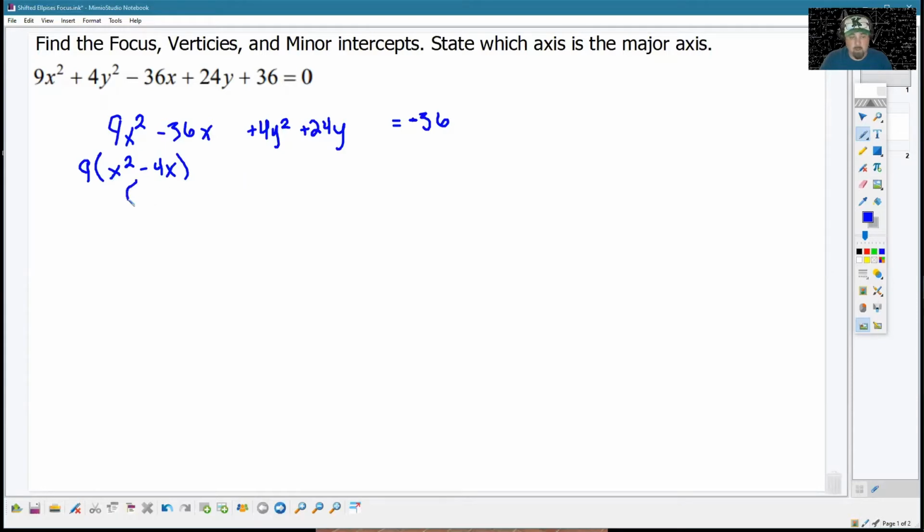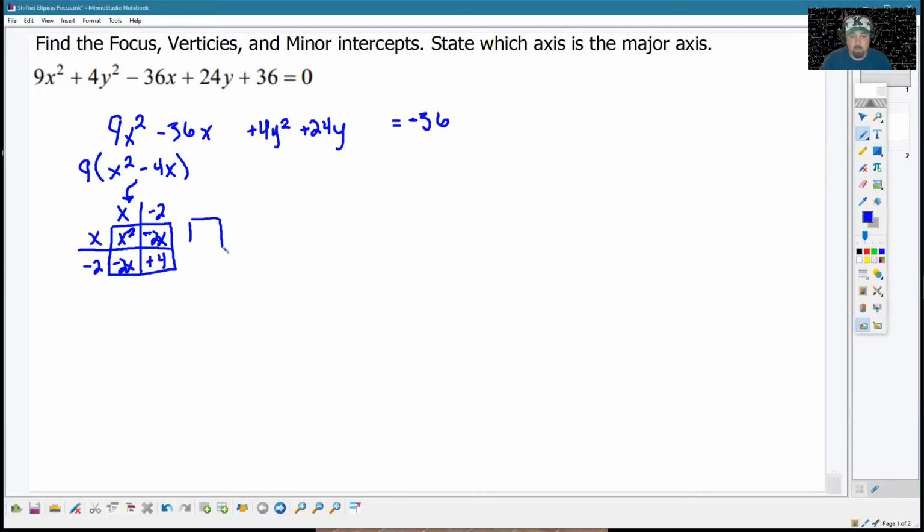So let's actually go through and do that. This is going to be box with the extra box. So we get x squared, and we split the second term in half, minus 2. Negative 2 times negative 2 is positive 4, because that will make this factor to give us an x and a negative 2.